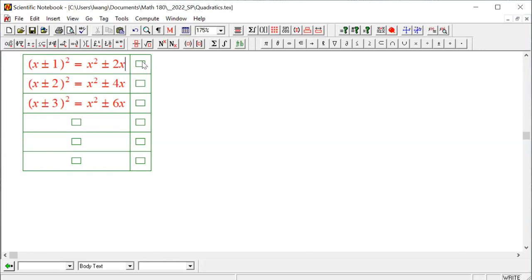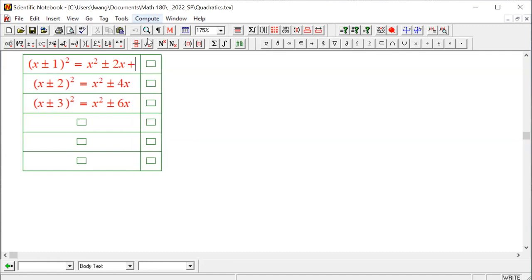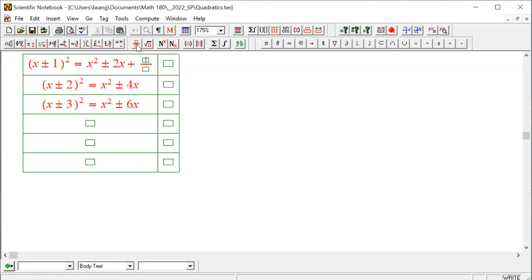You can pause the recording right now to find your pattern. Assuming you're back now, this number I should add is actually 2. This is the number in front of x divided by 2.